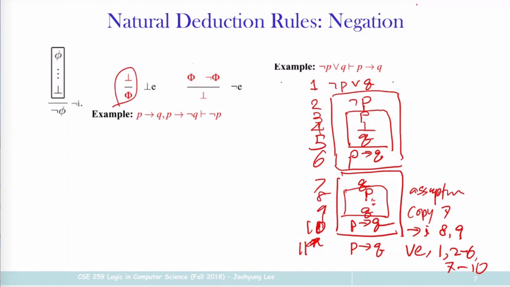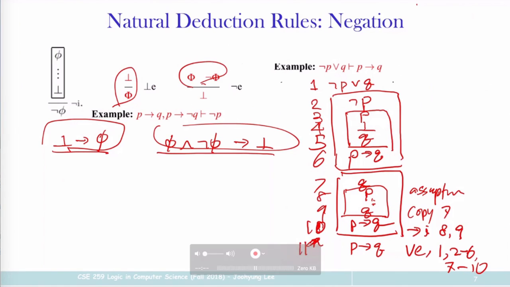Each of these can be written as a formula of this form. If you look at this formula, I turn this arrow into the implication.